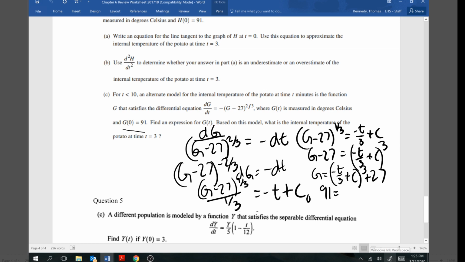And we get 91 equals c cubed plus 27. So I just subtract 27 from both sides. I get 64 equals c cubed, so c is 4. And lastly, all we have to do is find the internal temperature of the potato at t equals 3, which is using our completed equation, which is this guy.